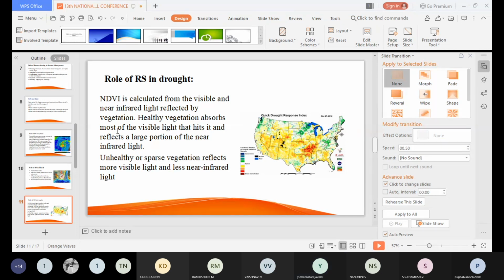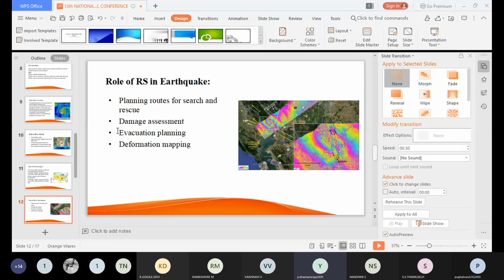Then role of RS in earthquake. In this earthquake, we are planning the routes for search and rescue of the people and damage assessment, which is more important after the earthquake. We need a lot of information about where the damages have occurred and how the people can be relieved from those places and how we can rescue them.